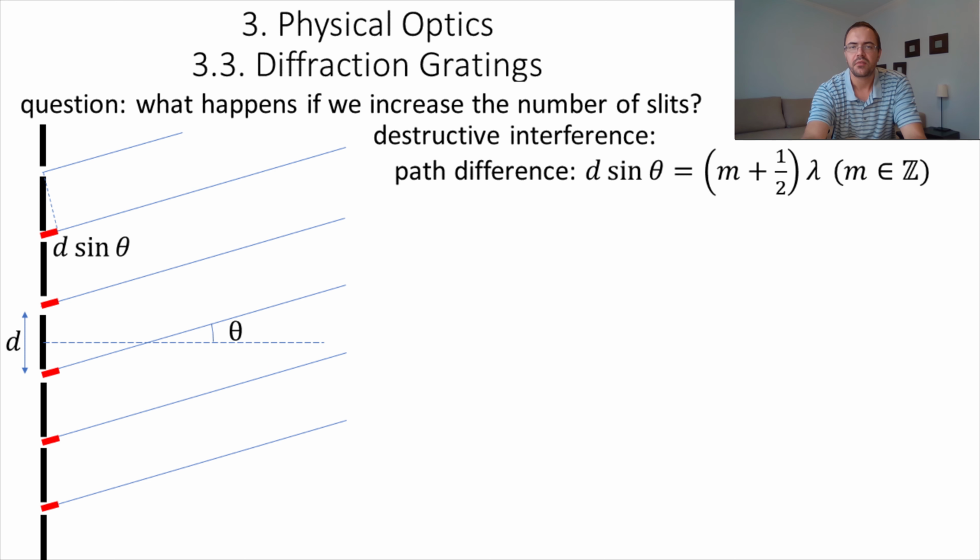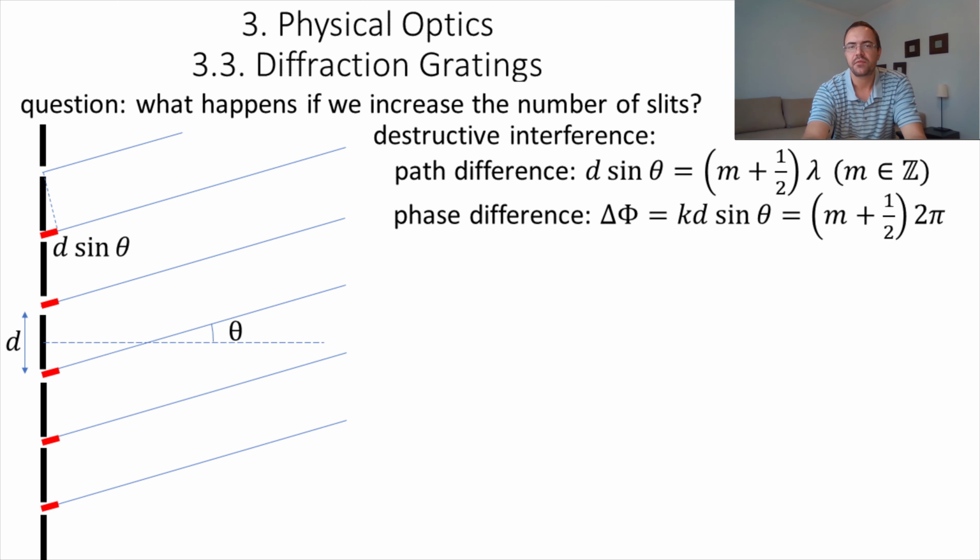Again, you can write that the path difference has to be equal to m plus 1/2 lambda, where m is any integer number, or in terms of phase difference, this is the same as writing that the phase difference has to be equal to m plus 1/2 times 2 pi. So the phase difference is plus or minus pi, plus or minus 3 pi, plus or minus 5 pi, and so on.